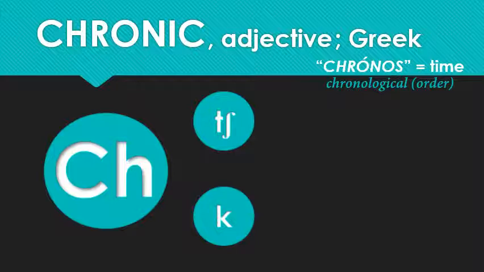But sometimes it makes a k, a hard C sound. Why is that? Well, the reason is that most of the words with that hard C sound come from Greek. That's the way the Greeks would pronounce this. So there's a logic to it. The problem is, how do you know how to pronounce it?